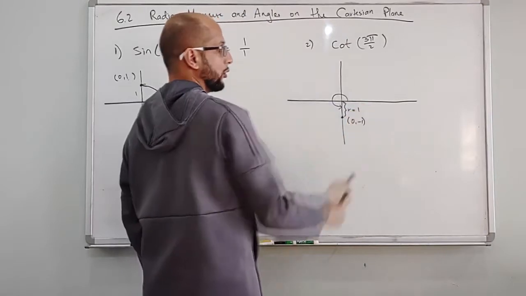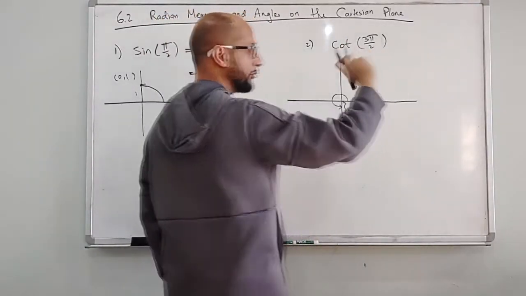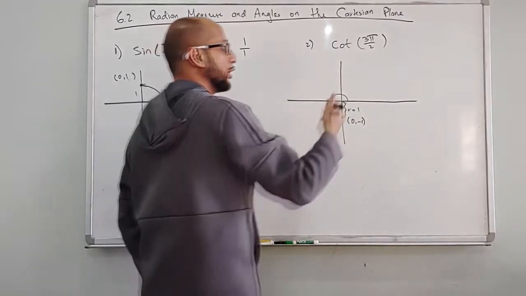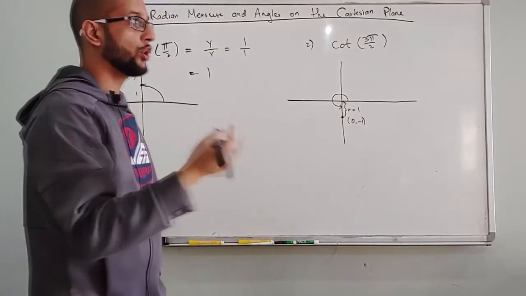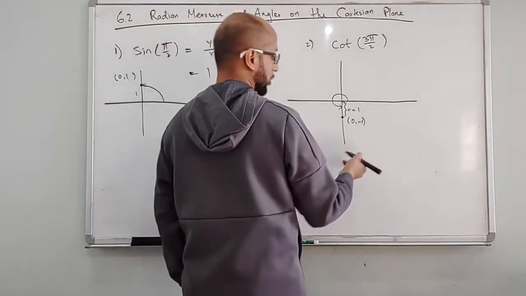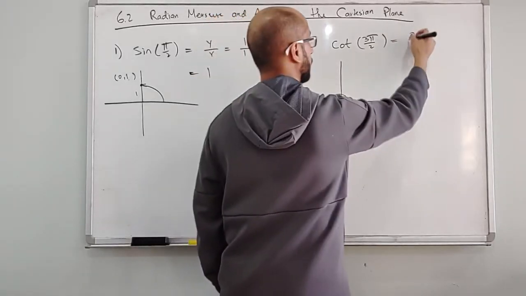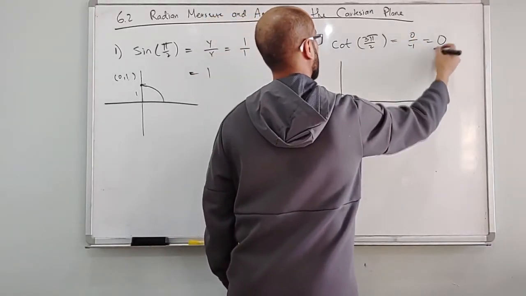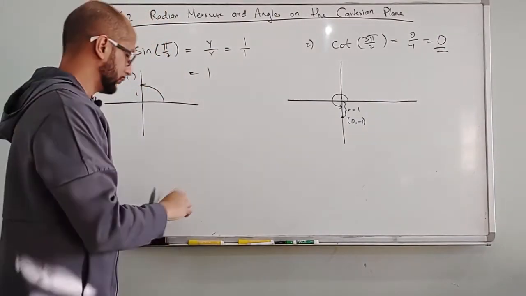Cotangent would be the reciprocal of tangent, and we know that tangent is y over x, so cotangent would be x over y. So x is 0 over negative 1. So cotangent of 3 pi over 2 would be 0.